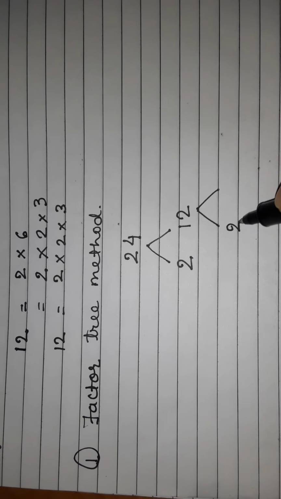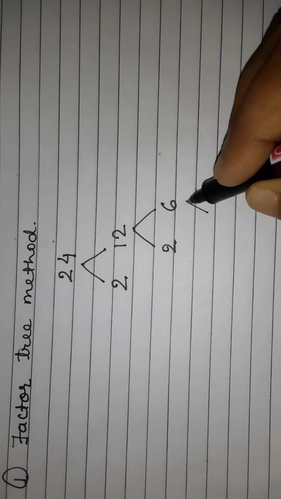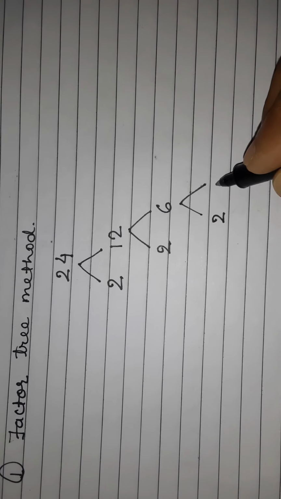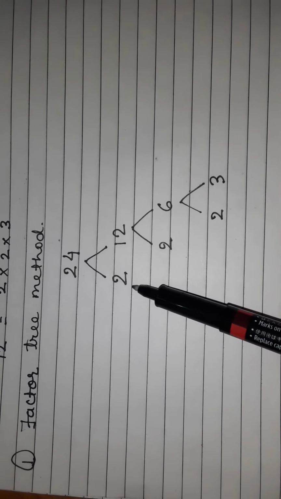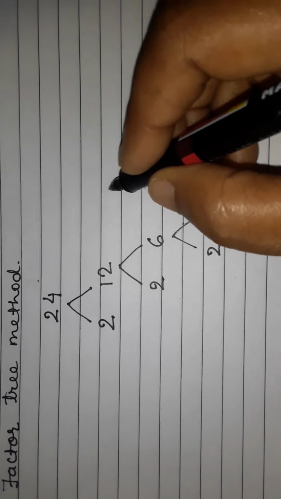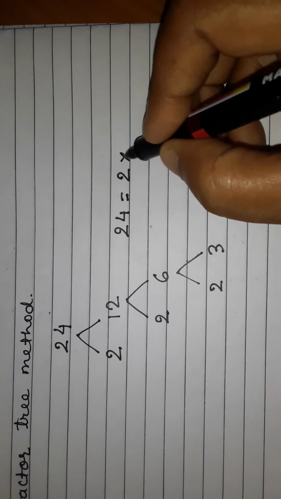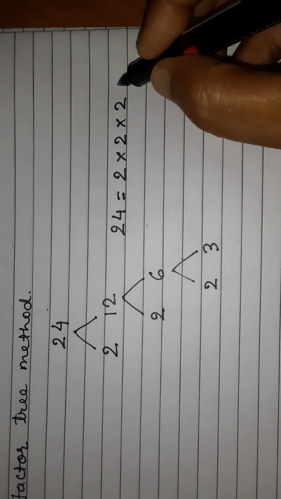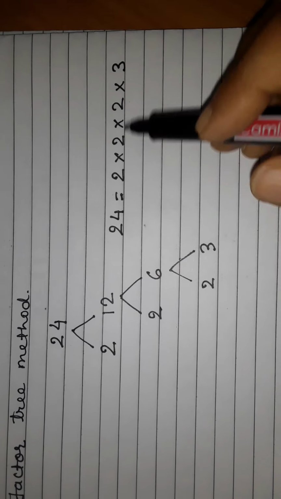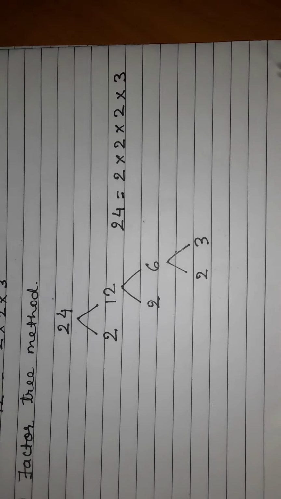Again, 2 is prime and 6 is composite. 2 6s is 12. Now, again, 2 3s is 6. Now, all these numbers 2, 2, 2 and 3 are prime numbers. So, prime factorization for 24 is 2 multiplied by 2 multiplied by 2 multiplied by 3. That is 2 2s are 4, 4 2s are 8 and 8 3s is 24.